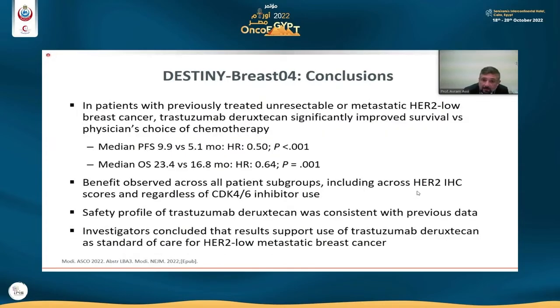In conclusion, this trial, which is a breakthrough trial this year, involves HER2-low subtype patients, which is a new subtype for us all. It introduced Enhertu to the treatment of these patients with a median PFS and overall survival which are excellent. It's not something that we usually find in our trials.